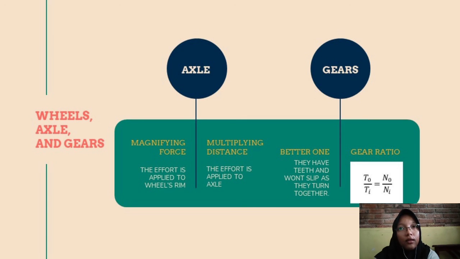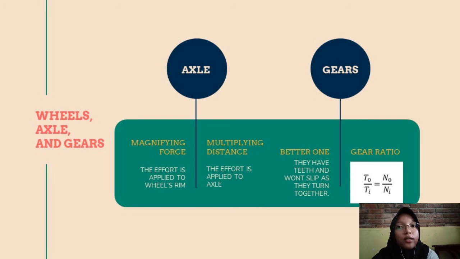And we jump to wheels and gears. Gears are better than plain wheels, because they have teeth and won't slip as they turn together. By evaluating the gear ratio, we can make it greater.